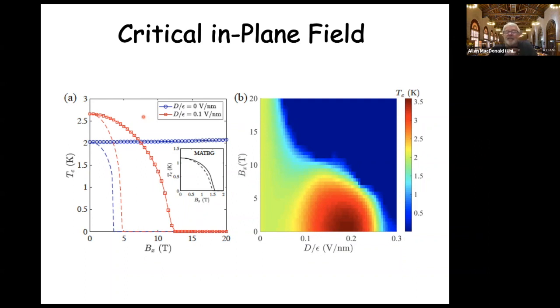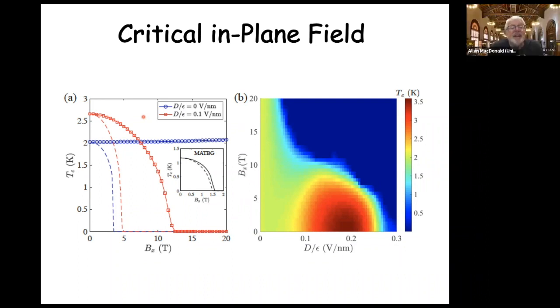And I'm not sure if I have the experimental data here, but definitely a large enough displacement field will mean that you don't exceed the Pauli limit by so much.